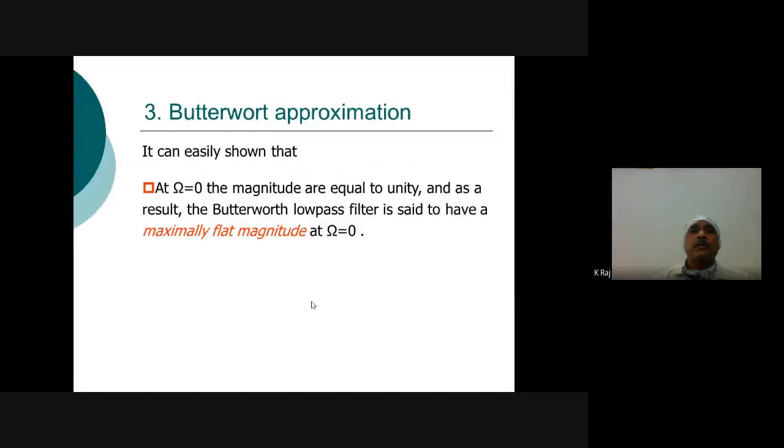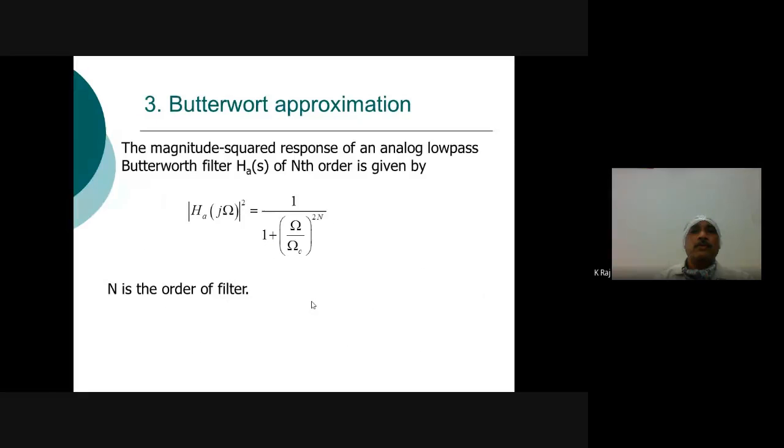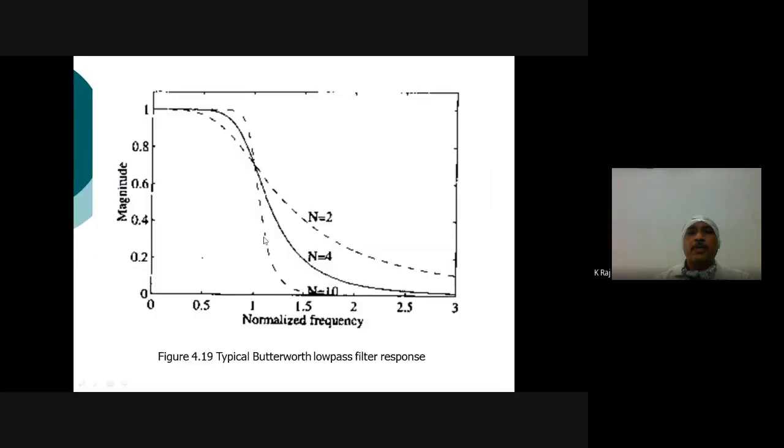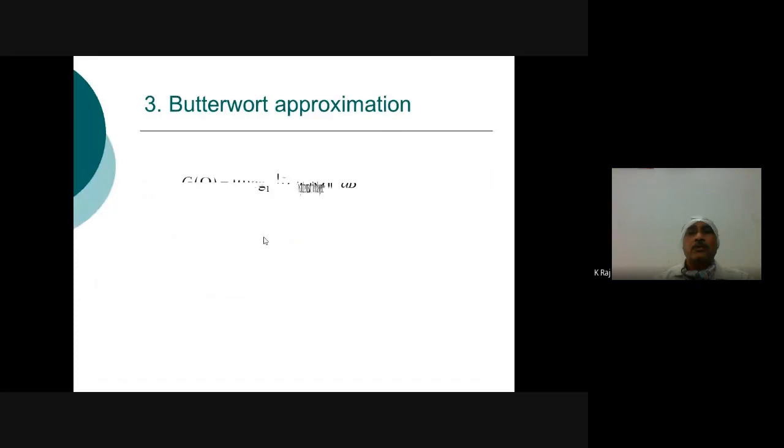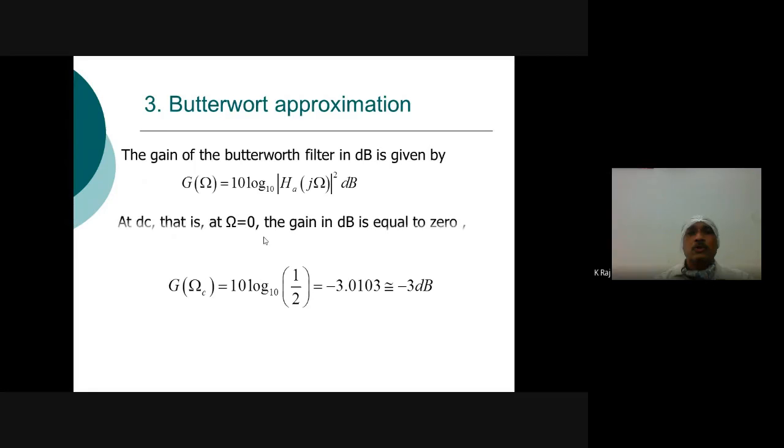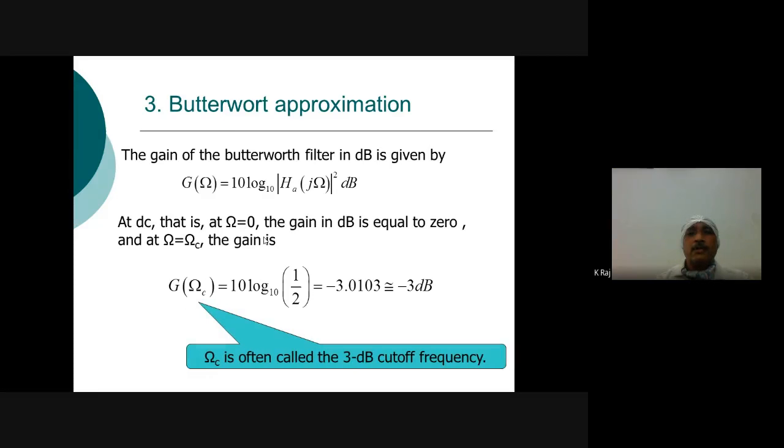Because if we see the transfer function, as we increase the value of omega and omega is greater than omega c, then naturally this term, omega by omega c to the power 2n, will be much larger than 1. So it may be approximated by 1 upon (omega by omega c) to the power 2n.